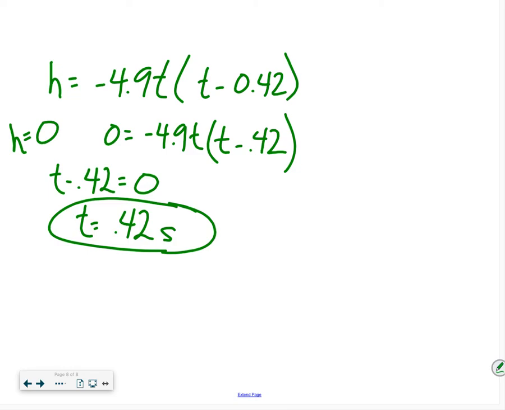Now the other part of the question was, what's the ball's maximum height? Well, we're going to have to change this into standard form, and then use negative b over 2a.